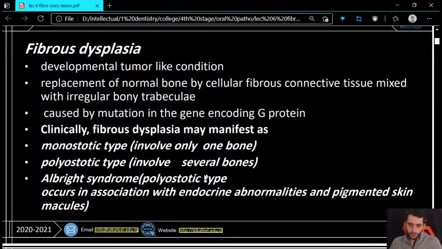As the name suggests, facing the normal bone, we will have fibrous connective tissue.